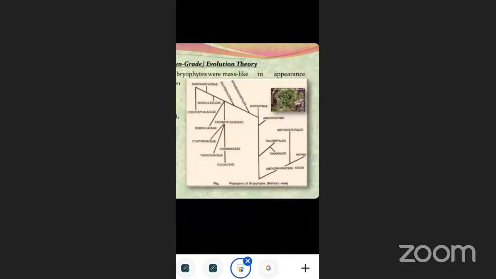Only a small stalk is there and a disc is present. Upon the disc, antheridia or archegonia are present. That is the differentiation, the reduction, and the progressive evolution theory. Okay.